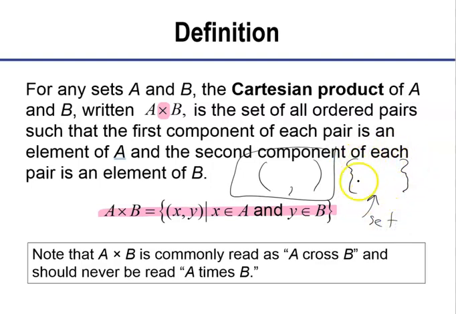The order in a set doesn't matter. The order in an ordered pair absolutely does. And it says x is an element of the set A and y is an element of the set B, 2 different sets. It says, note that A cross B is commonly read as A cross B. It should never be read as A times B. It is not A times B, not even close to A times B.